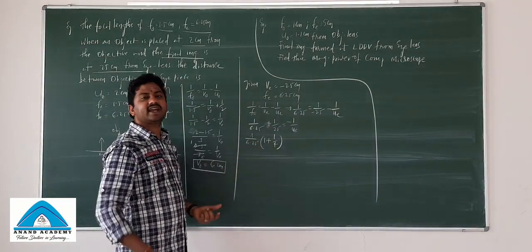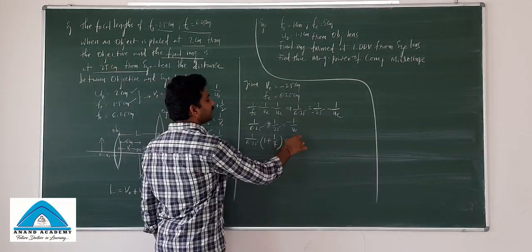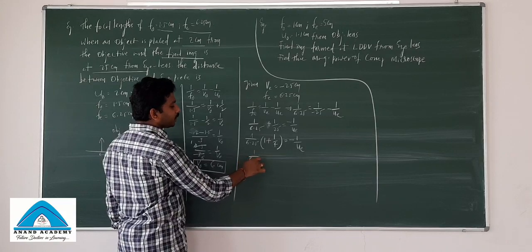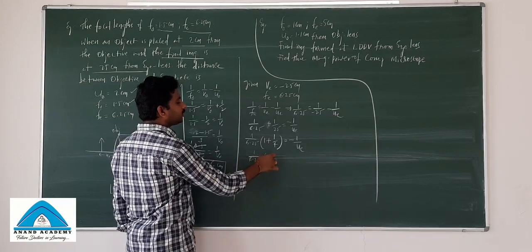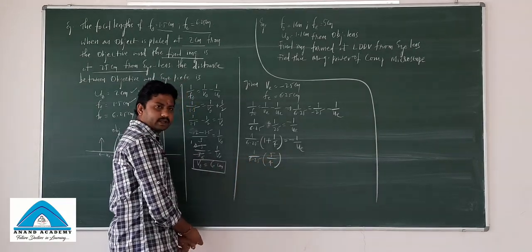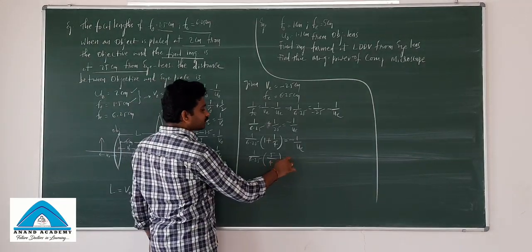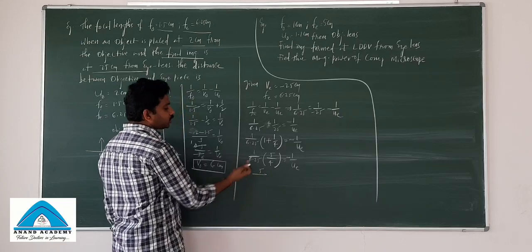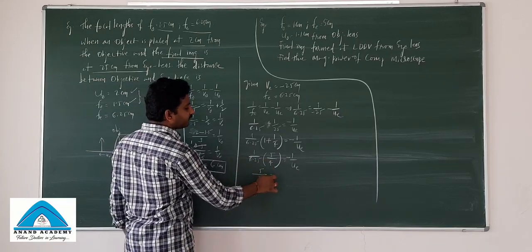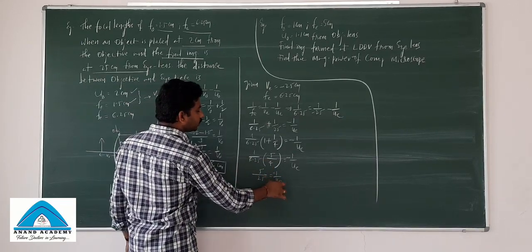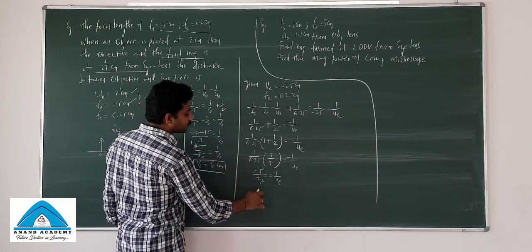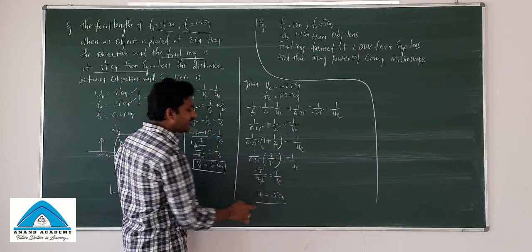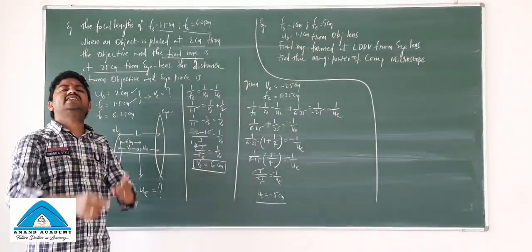Just multiply this inside, you will get the correct answer. So 1 by 6.25 into 4 is the LCM here. It is 5, which is minus 1 by UE. So 5 by 25 is minus 1 by UE. So UE is equal to minus 5 centimeters.